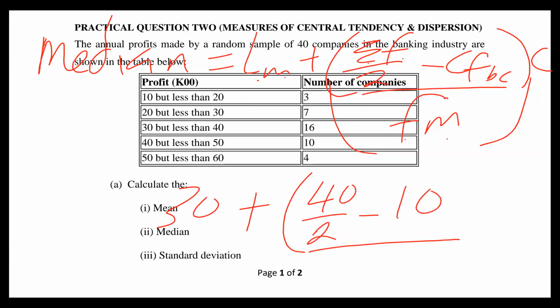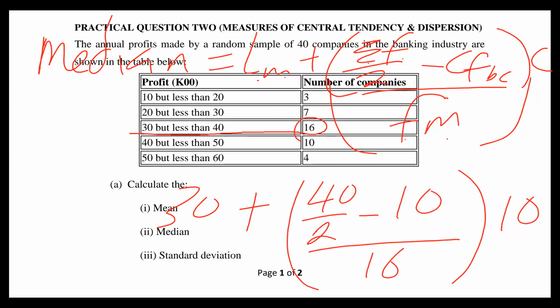Our median class, we said, is this one, so the frequency there is 16, then everything multiplied by 10, the class interval. So 40 divided by 2 is 20, and 20 minus 10 is 10, over 16.